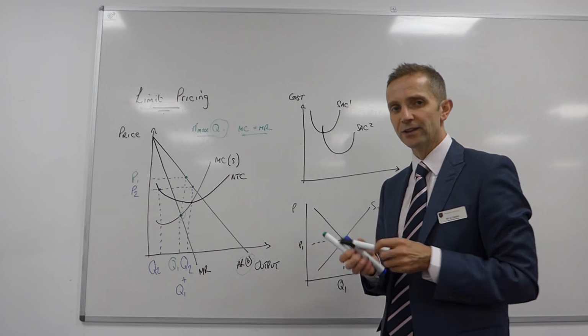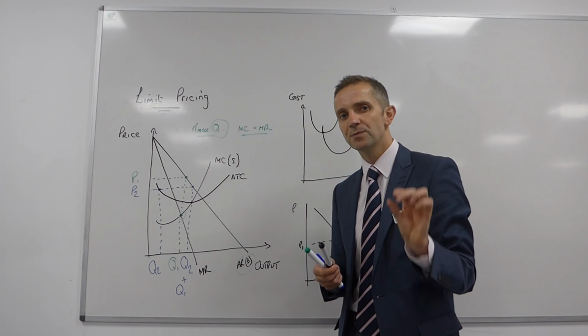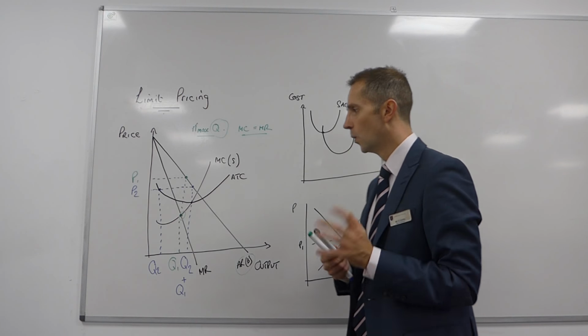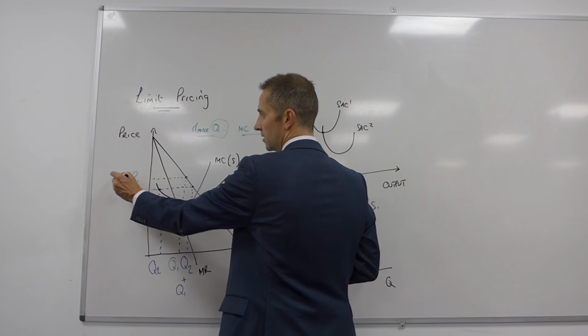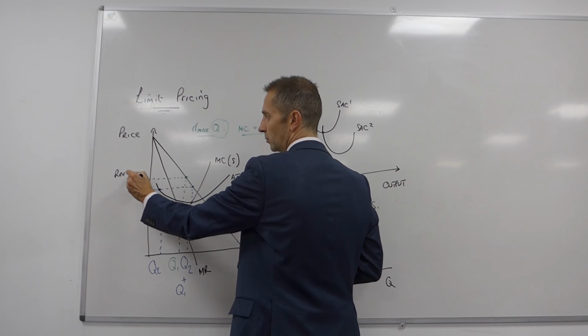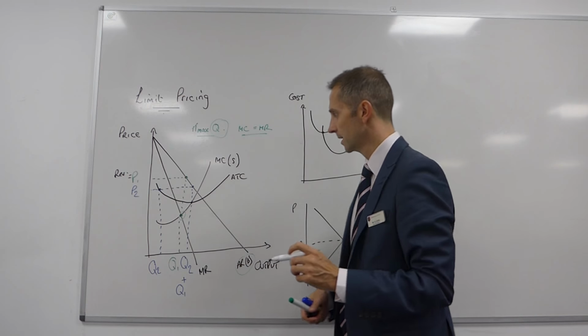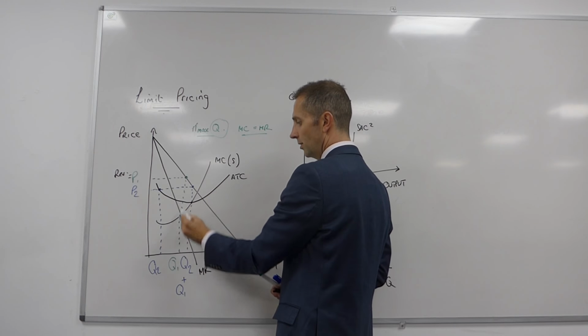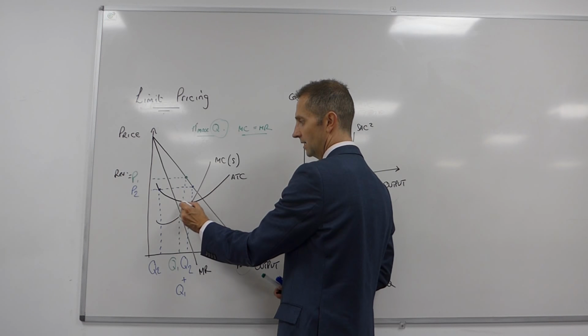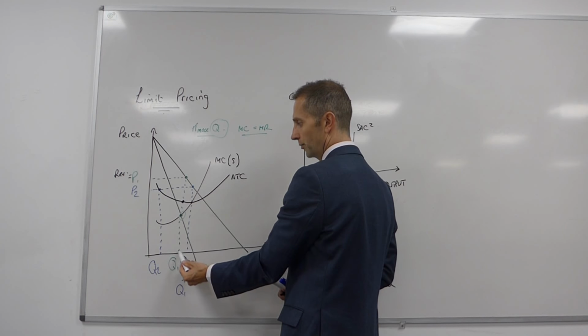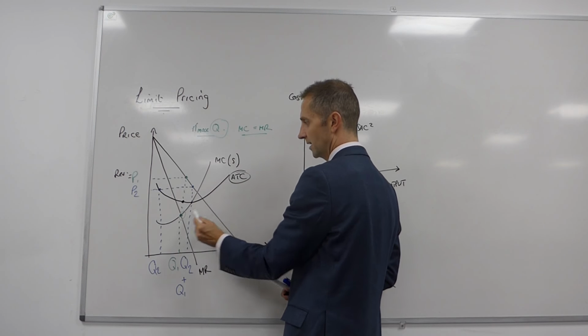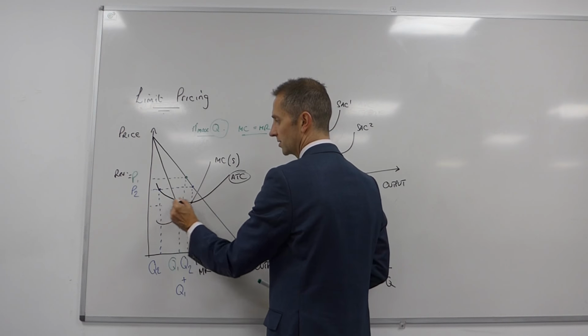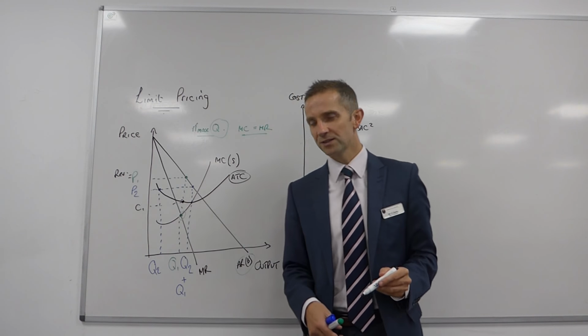We can identify the fact that this particular firm is making abnormal profit. Why? Well, we know that the revenue is equal to the price point at P1, but we also know that the cost at this level of output is here. So we're going up from Q1 to the cost curve ATC, we're going across, and so we know that C1 is the cost.